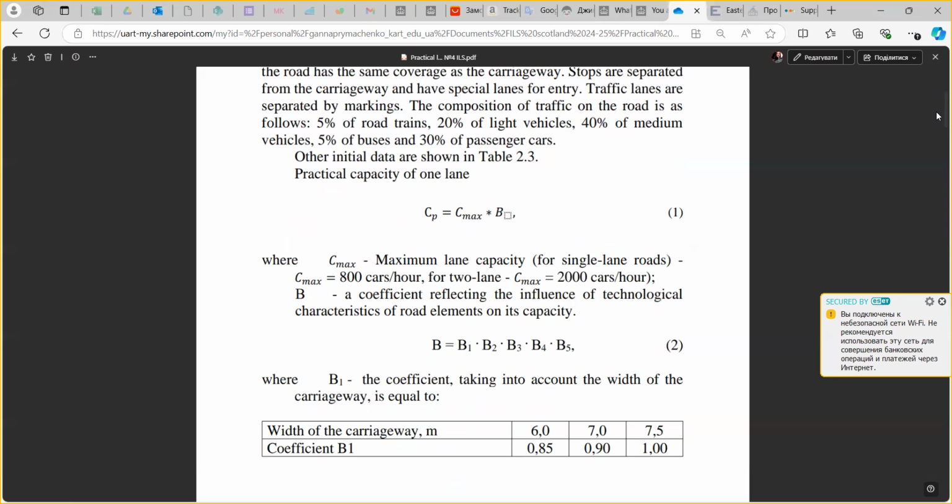So we do it one by one, find them, and use only two formulas.